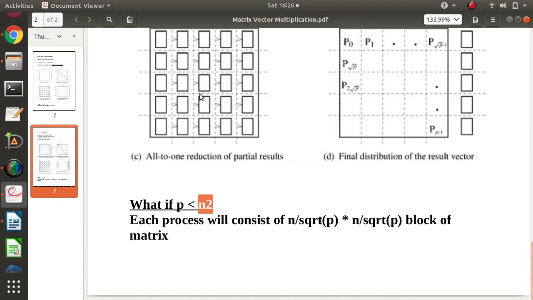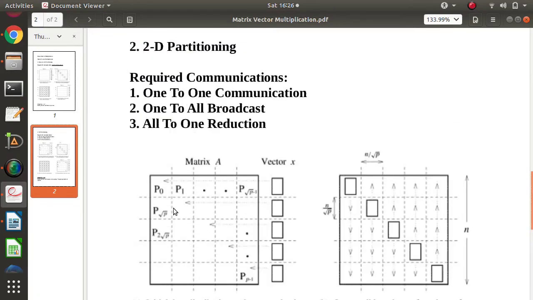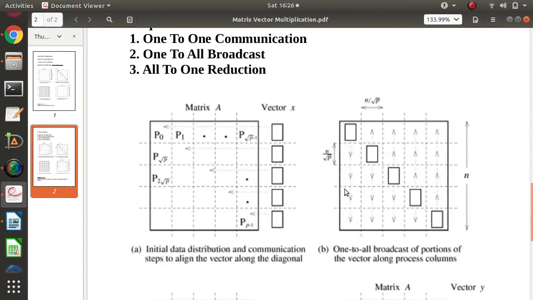In that situation, each process will have some block of elements. See here it is shown. Every process, instead of having one element, will have this block of elements. Another process will have this block, and a third process will have this block.